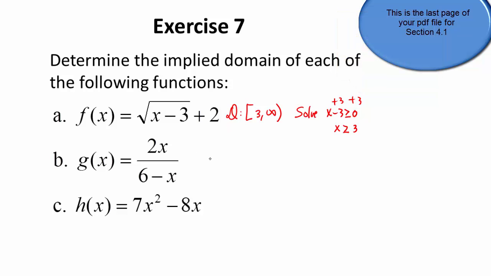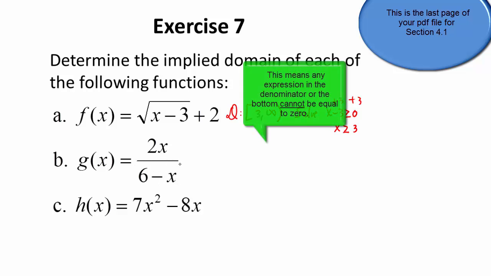Now, what about letter B? In letter B, you have a function g of x equal to the ratio 2x divided by 6 minus x. So here we have a ratio, or a rational expression. When you have a rational function, your main concern is that you don't want division by 0.